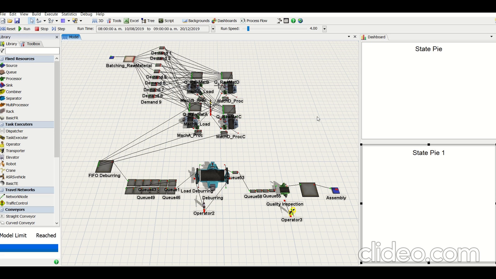So this is our actual or current state in Flexsim, in which we have the demand represented by a source with different queues, the machining process, the deburring process, and quality inspection. Each one of these 3 processes has one operator working the 3 shifts.